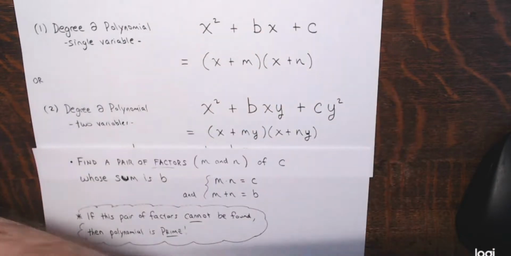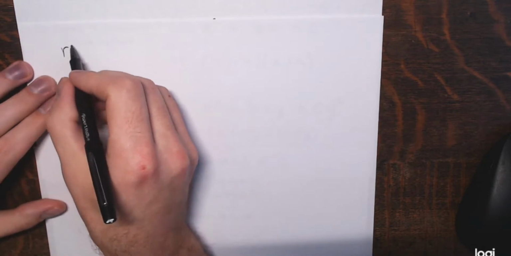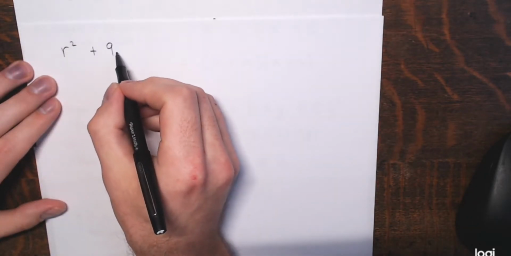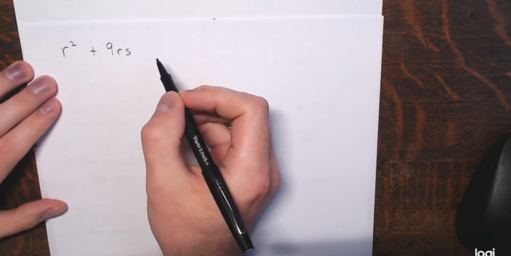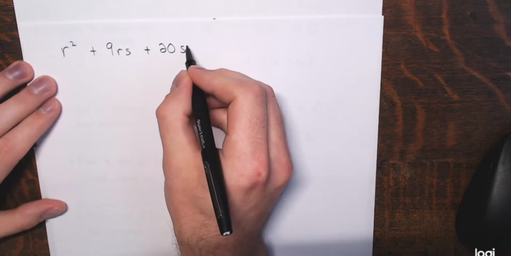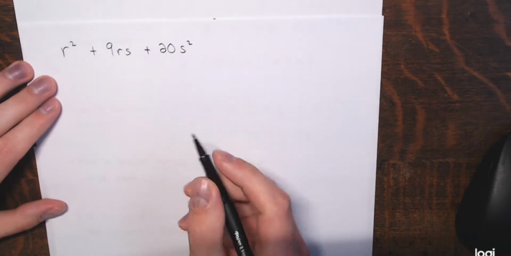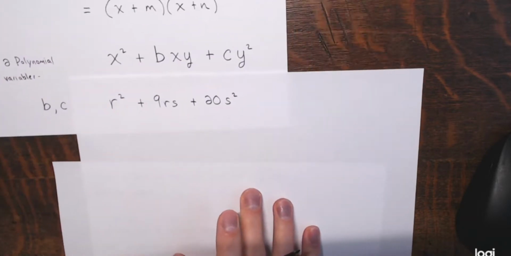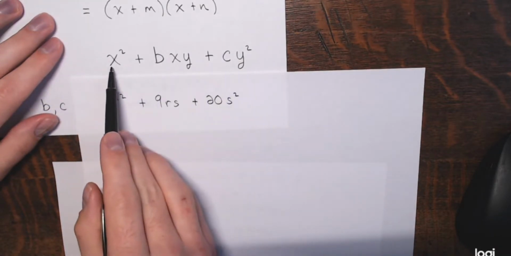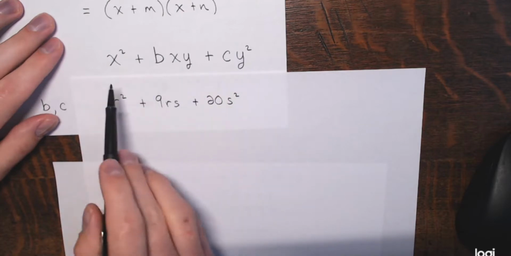So that first example I'm given, r squared plus 9 times r times s plus 20s squared. Right, this is in that second form, the trinomial with two variables, lead coefficient 1.